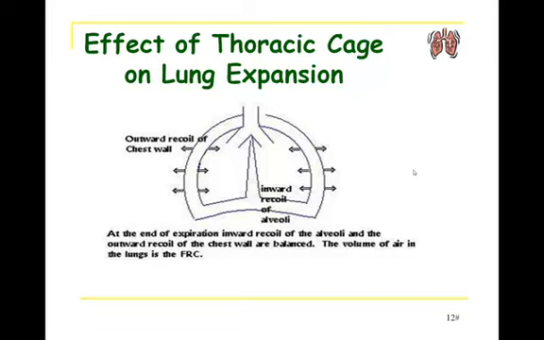Remember the lungs and the chest wall move together, since the lungs are coupled to the chest wall by that molecular cohesion with the liquid layer of that pleural space. So remember, out here the thoracic wall is lined with that parietal pleura. The lungs are lined with visceral pleura, and remember they're connected to each other.